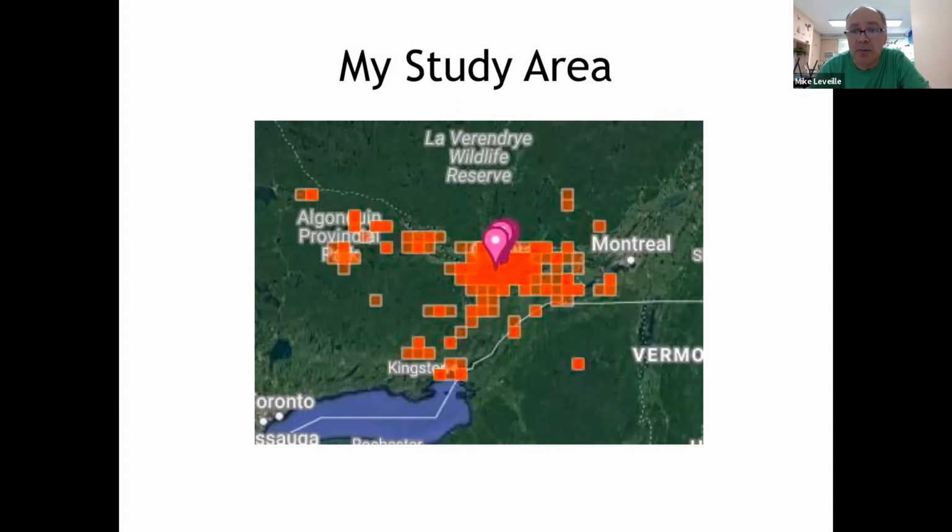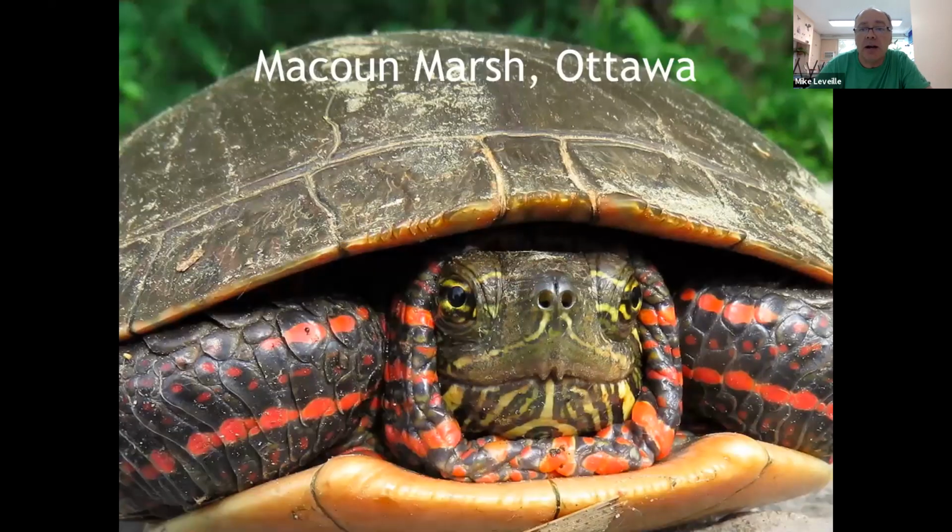That's where I grew up, in Hawkesbury, actually, on the way to Montreal. And then, of course, down towards Kingston. That's kind of my little triangle of observations. But even with that, I really do focus in the Ottawa area and particularly at the Macoun Marsh.